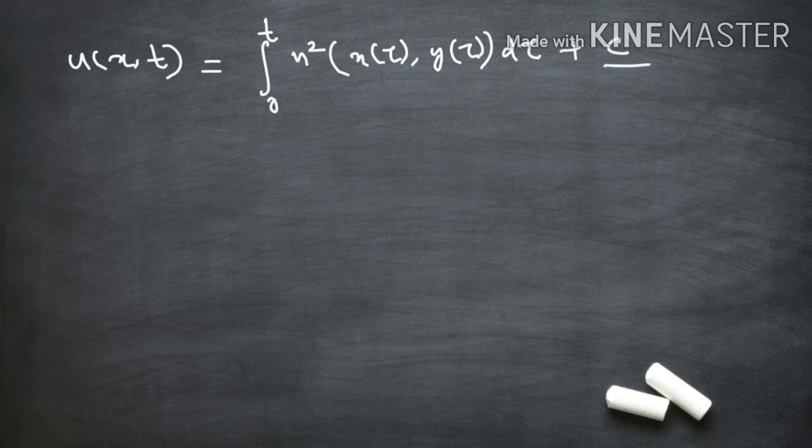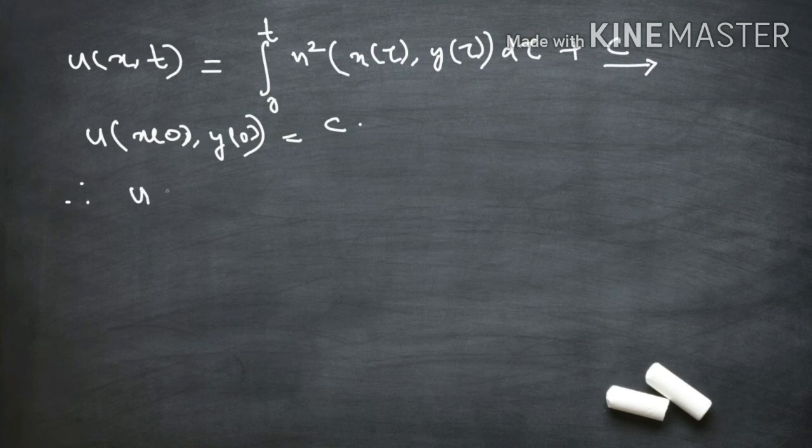Now to find the integrating constant c, we use the initial data, that is u of x of 0, y of 0. This integral will vanish because we are integrating from 0 to 0 itself. Initial value is at t equal to 0. So this will be the value of c.